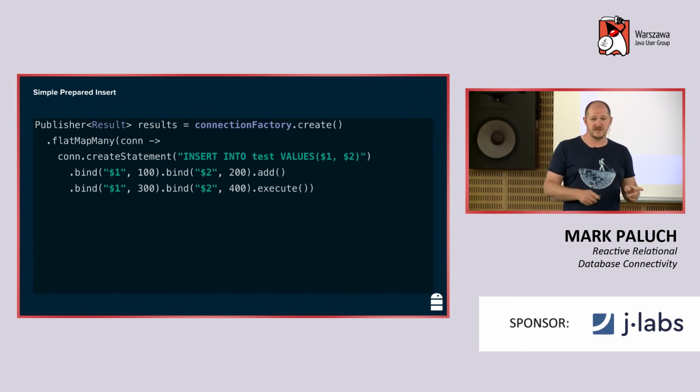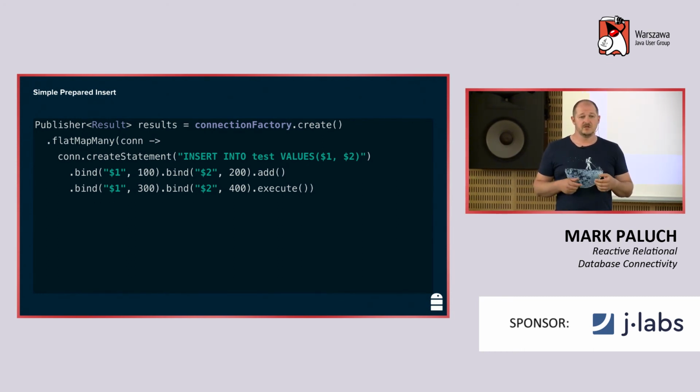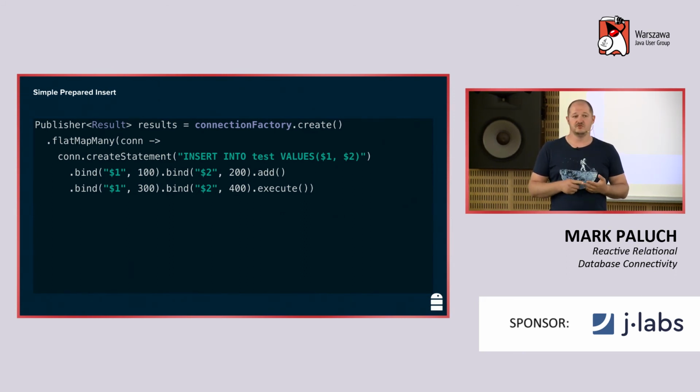We can't make Postgres count from 0. We can't force that, but at least we have an index notation, and we can use these $1 and $2 parameter bind markers when we issue the binding. And that's exactly what we're doing here. We're binding the value 100 to 1, and the value 200 to 2.